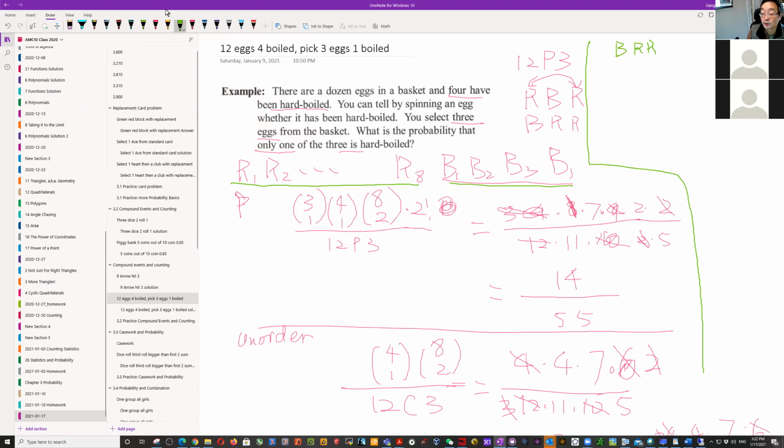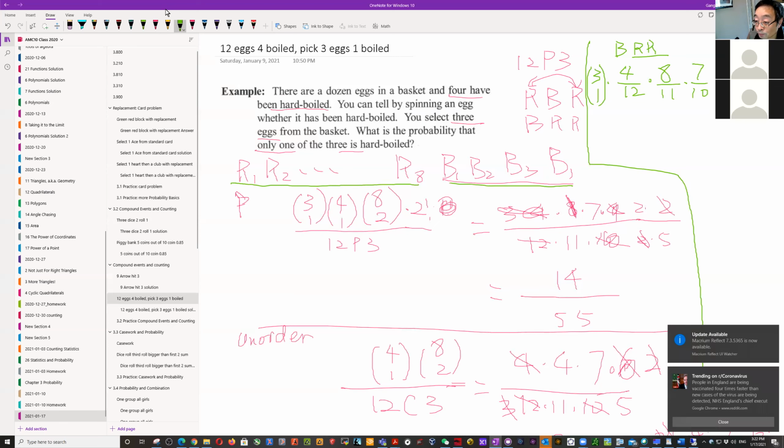So if it's arranged this way, then I pick the first one boiled is 4 out of 12. And then I got raw, basically it's 8 out of 11 multiply 7 out of 10. And this basically I have to permute 3 times because I can put where the boiled is.